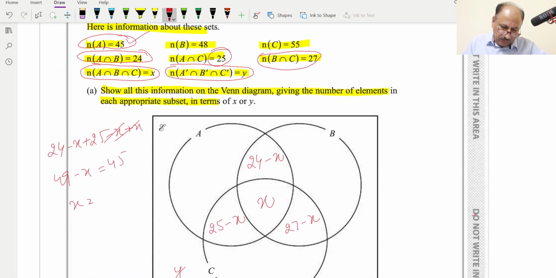So X will be equal to 4. So this region X is over here, so the remaining one will be X minus 4.